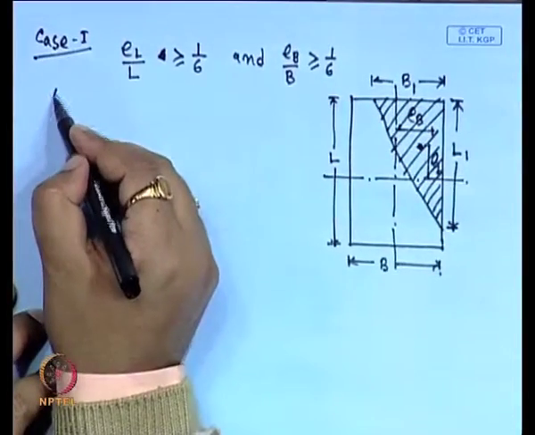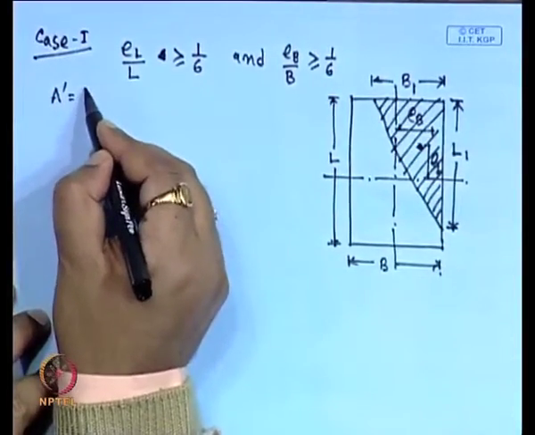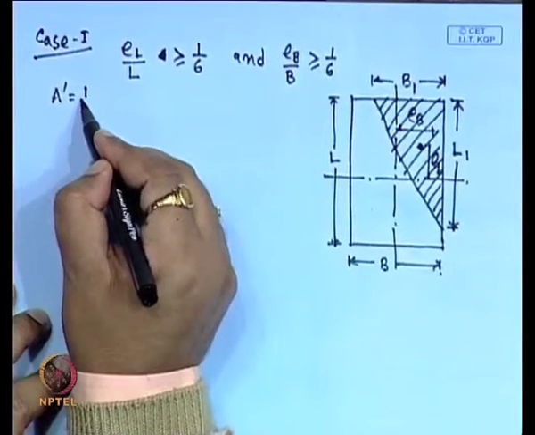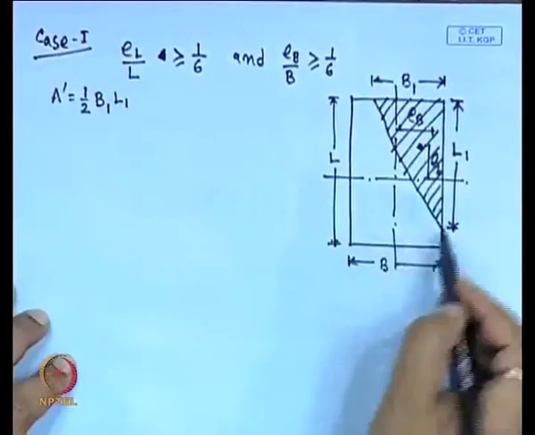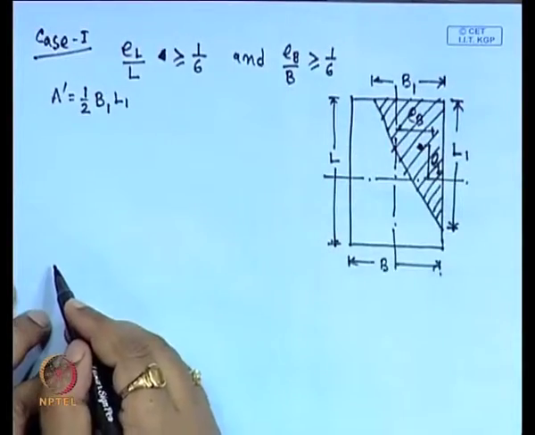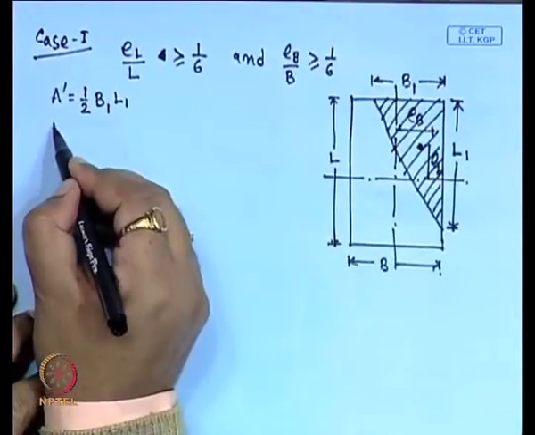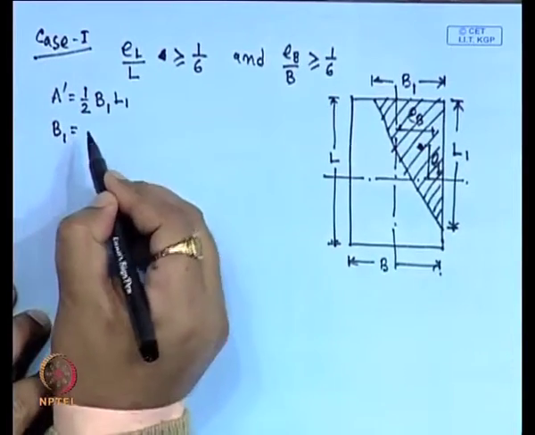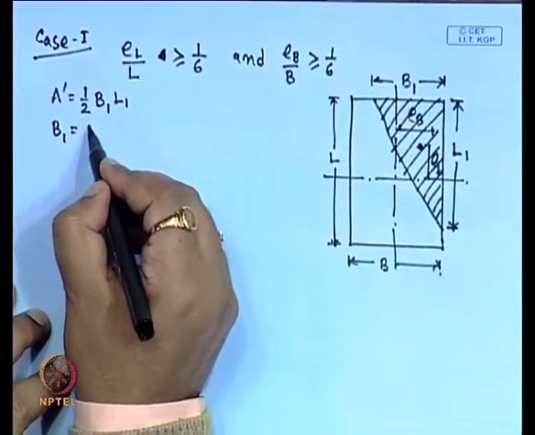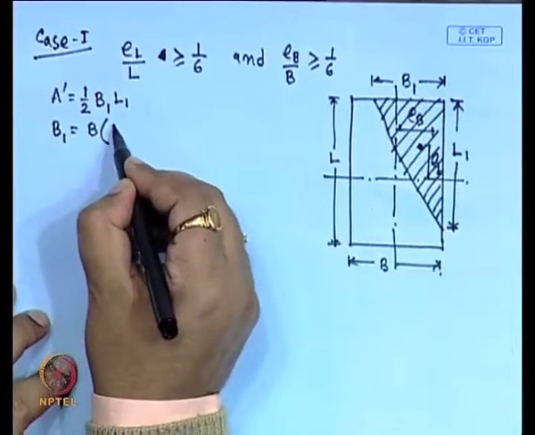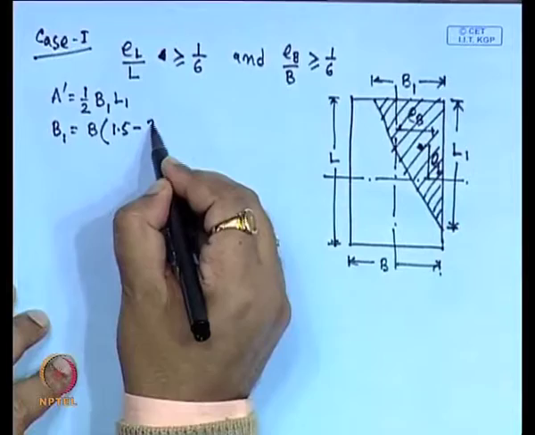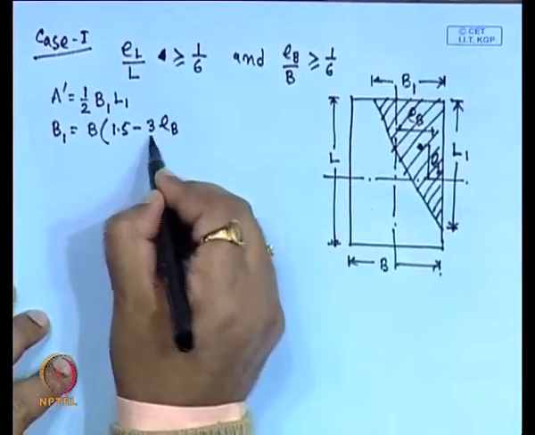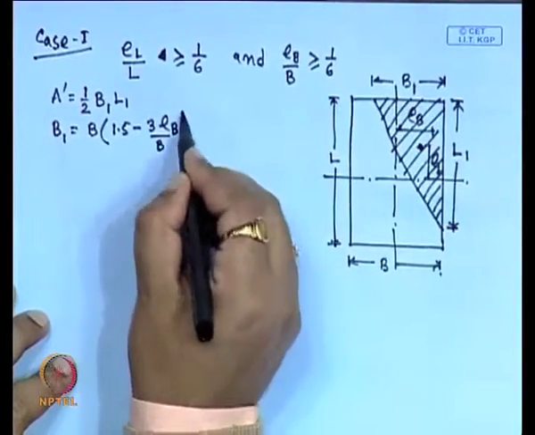This effective area A dash will be determined by the expression half B1 into L1, and then B1 is given by B into 1.5 minus 3 E B divided by B.